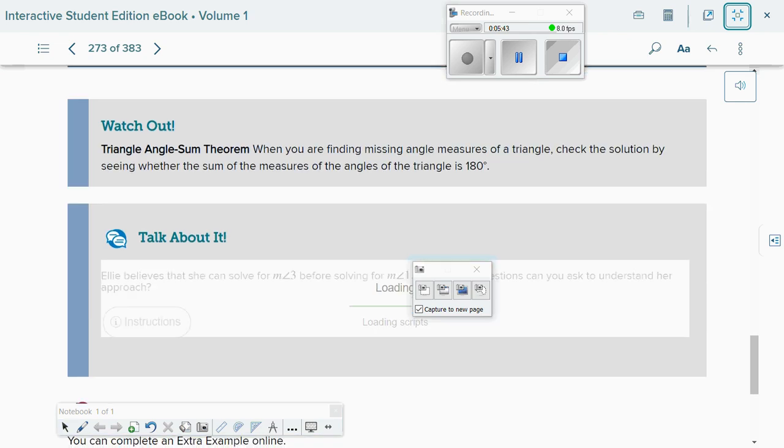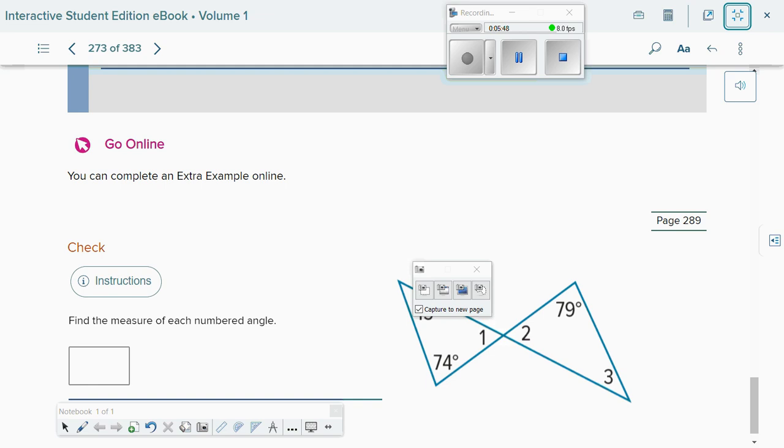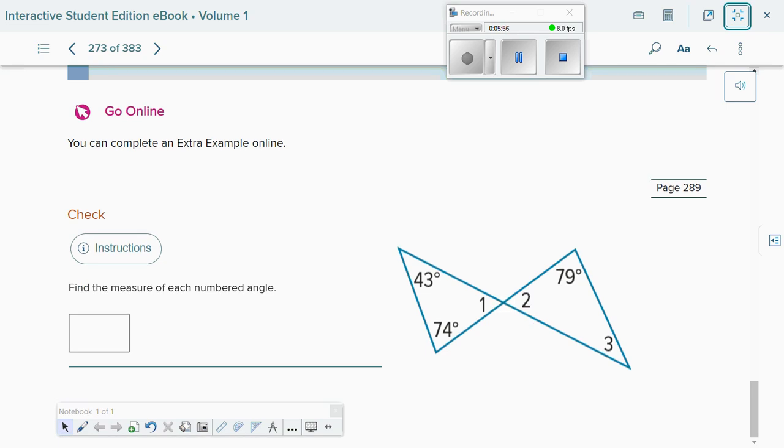Okay. If we go here, we're going to look at another type of rule that we can use. If you're looking at this, you should see that angles 1 and 2 are vertical angles. So angles 1 and 2 are going to be equal.